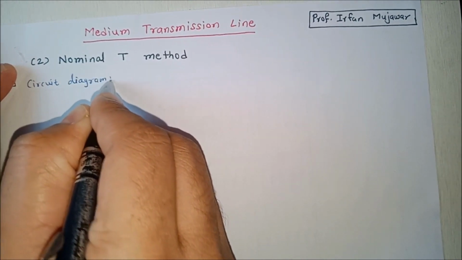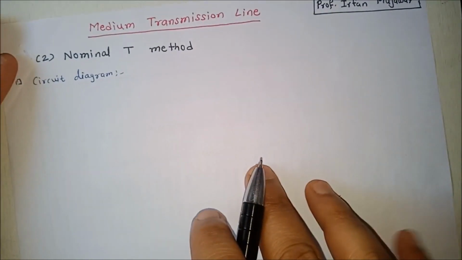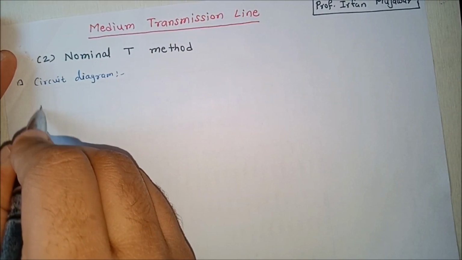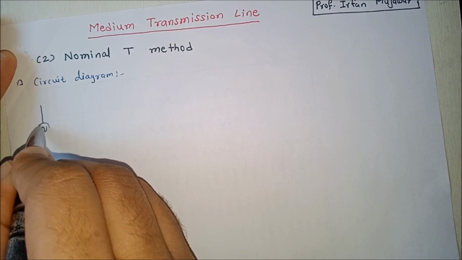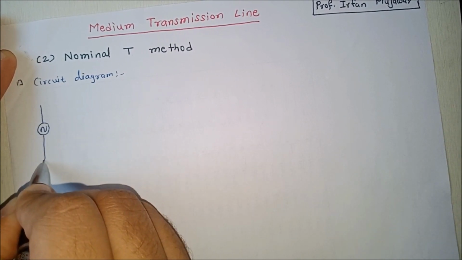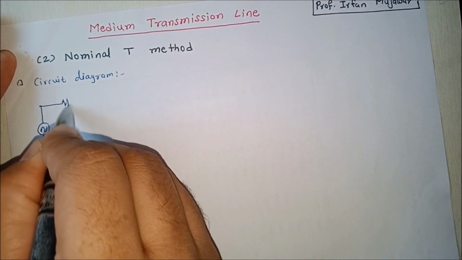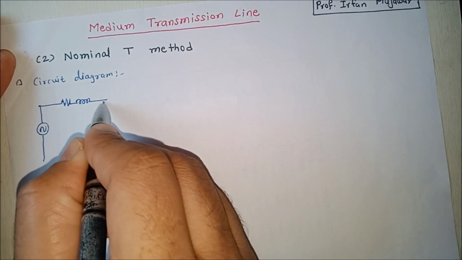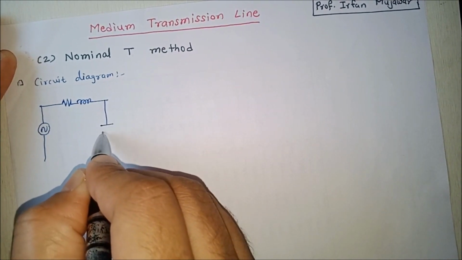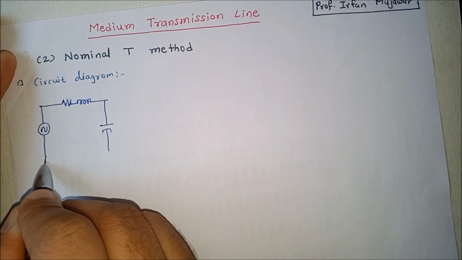In the nominal T method, we are using the capacitor at the middle, unlike the end condenser where the capacitor is situated at the end. Here the capacitor is assumed to be present at the middle of the line.